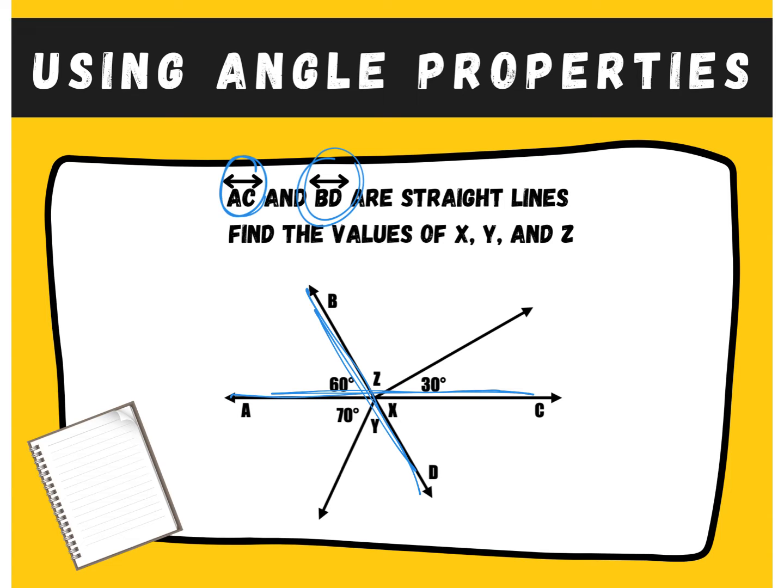So we have three variables. The first thing I want to do is look for any vertical angles that I might use in the process. For example, I see that 60 and x are created by the straight lines, and they are non-adjacent angles. That tells me that they are vertical angles, and that x has to equal 60. One problem solved.